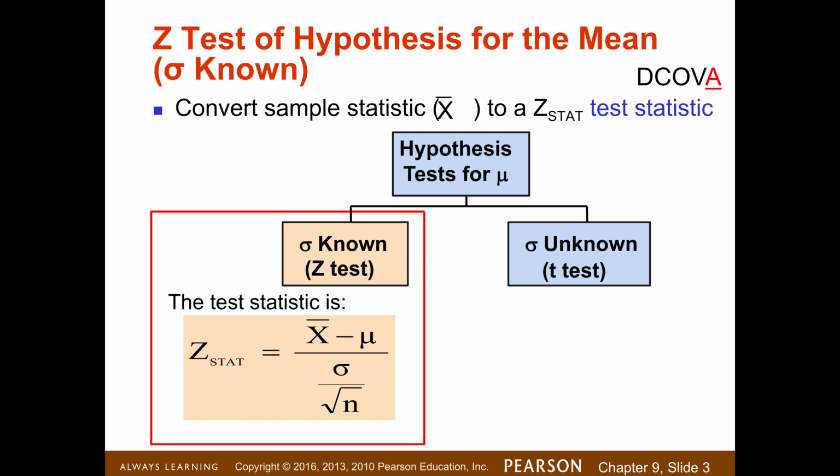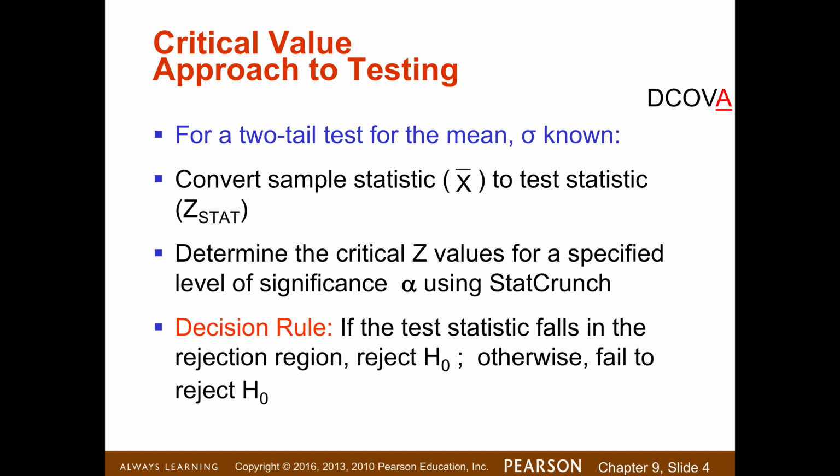The author here in this PowerPoint has that listed as Z subscript STAT. The way you calculate that is you take the sample mean minus mu, and guys, mu is the value that is hypothesized in the null hypothesis, divided by the standard error. I think there needs to be parentheses put around the numerator and the denominator, but I'll do some illustration videos coming up, and I'll make sure that I do that.